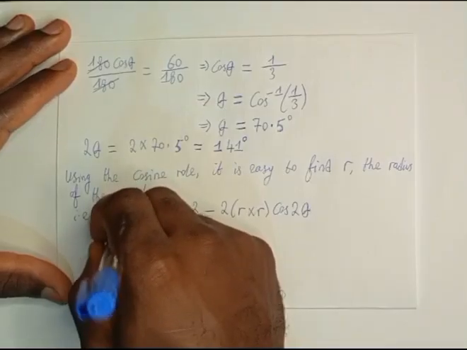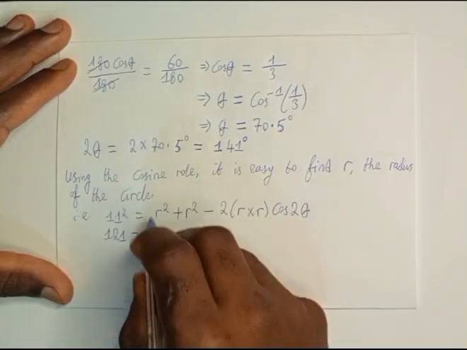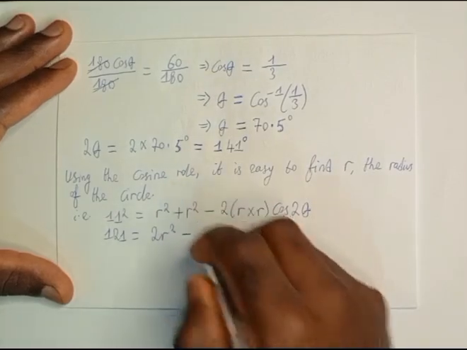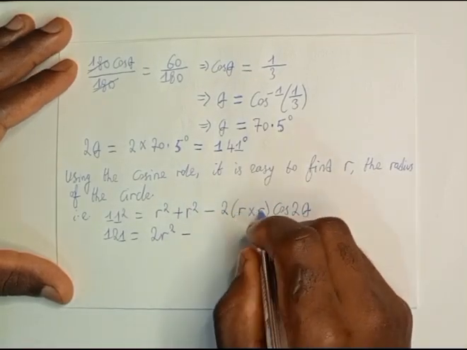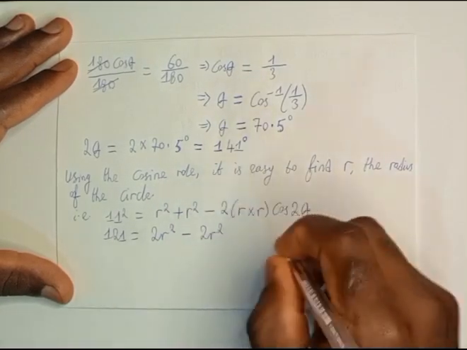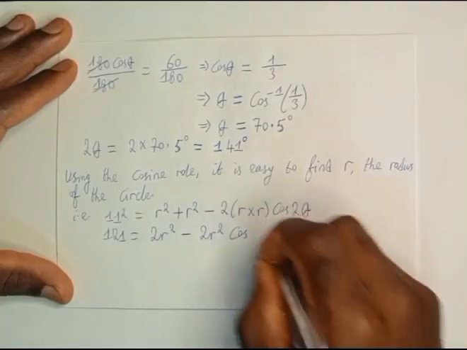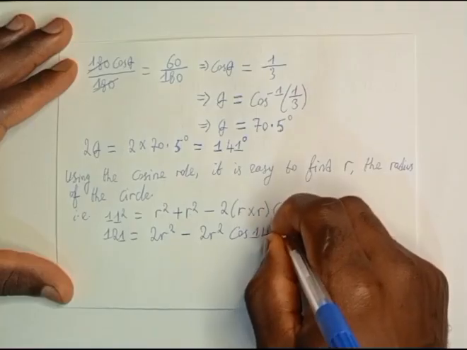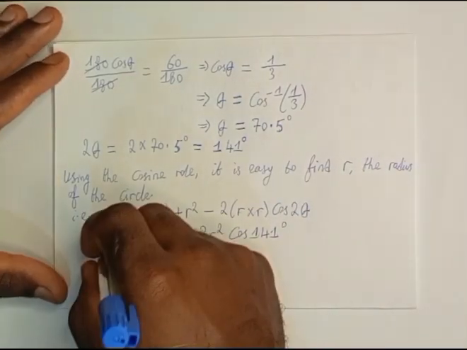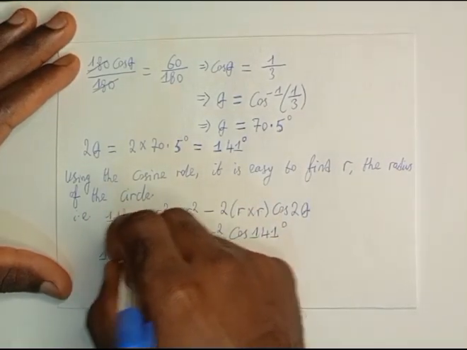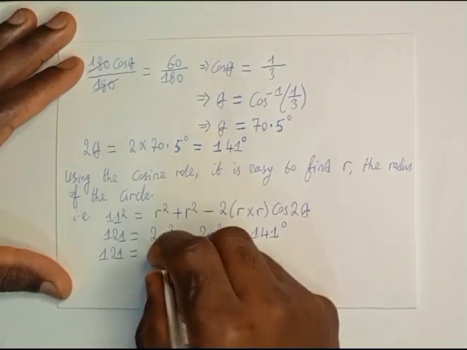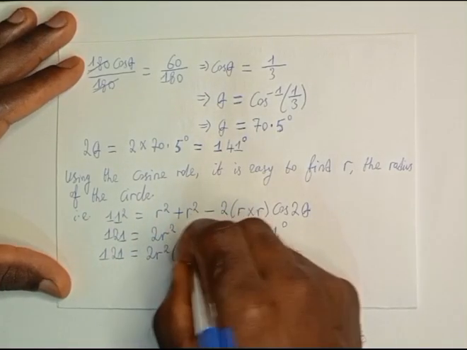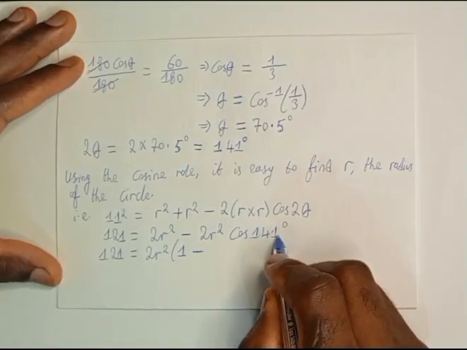11 squared gives us 121 is equal to r squared plus r squared gives us 2r squared, minus 2 times r times r gives us 2r squared cos 2 theta, which is 141 degrees. This will give us 121 to be equal to, we can factor out 2r squared times 1 minus cos 141 degrees.